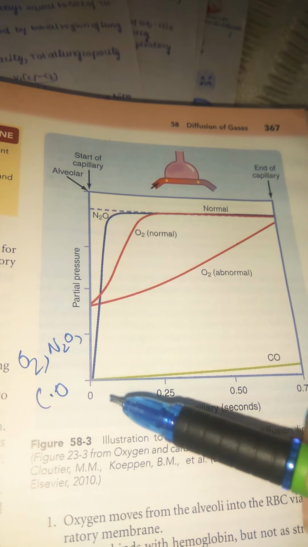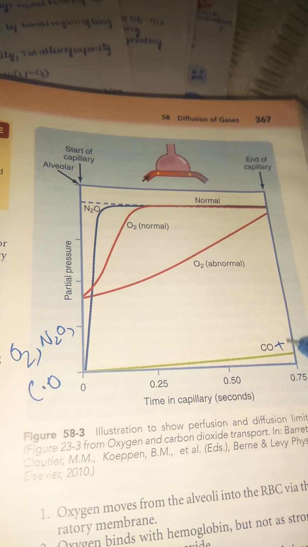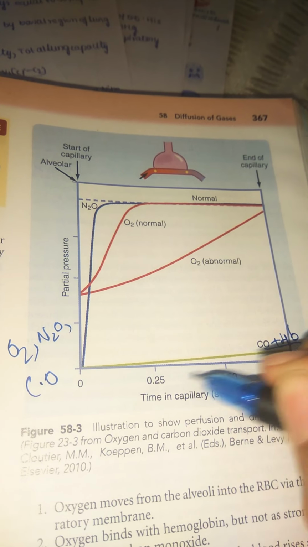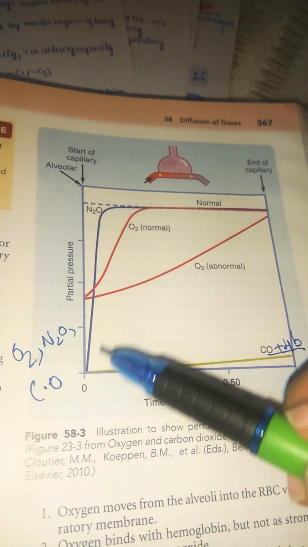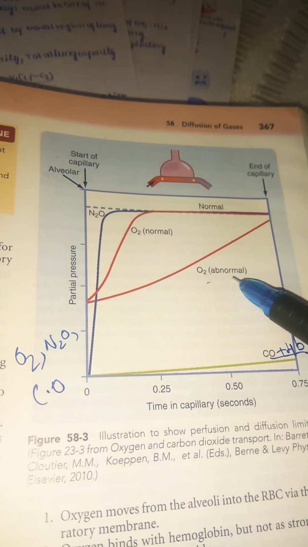Whereas carbon monoxide values are very low because carbon monoxide binds very tightly with hemoglobin. This is the reason it's negligible, very low. Normal oxygen is very high, nitric oxide is also high, but abnormal oxygen is somewhat low.